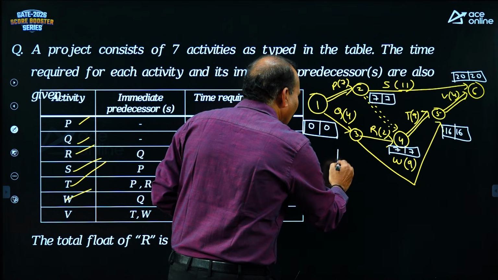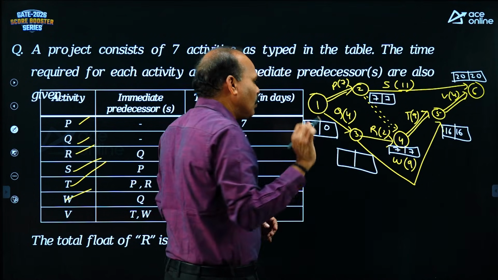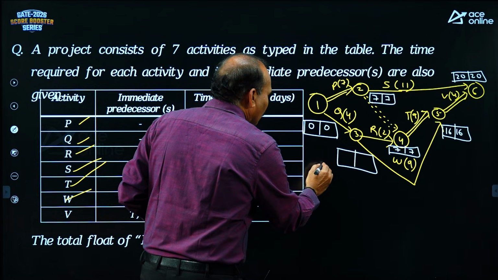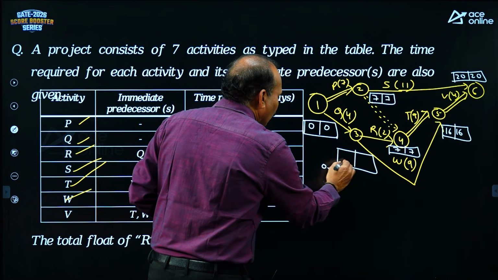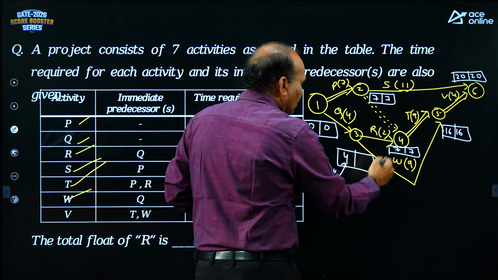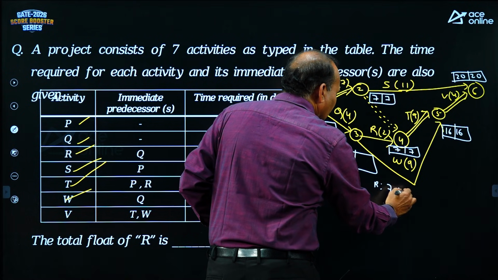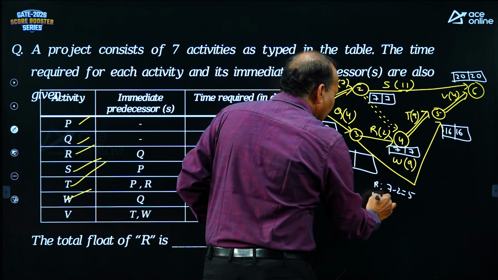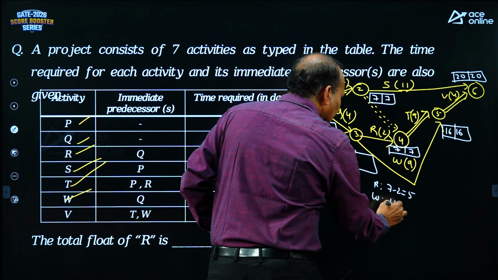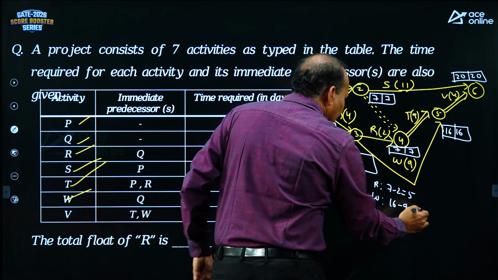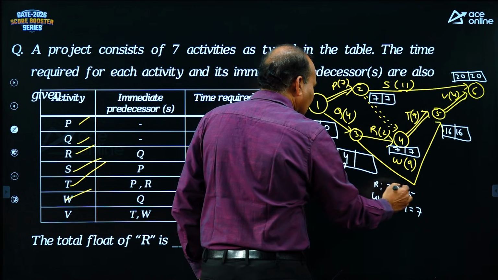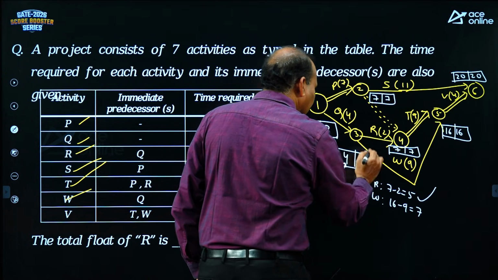The third event. For the third event you can make use of forward pass and backward pass. 0 plus 4, 4. In reverse, from R's point of view, 7 minus 2, 5; from W's point of view, 16 minus 9, 7. So which is taken? Minimum, you can take 5.